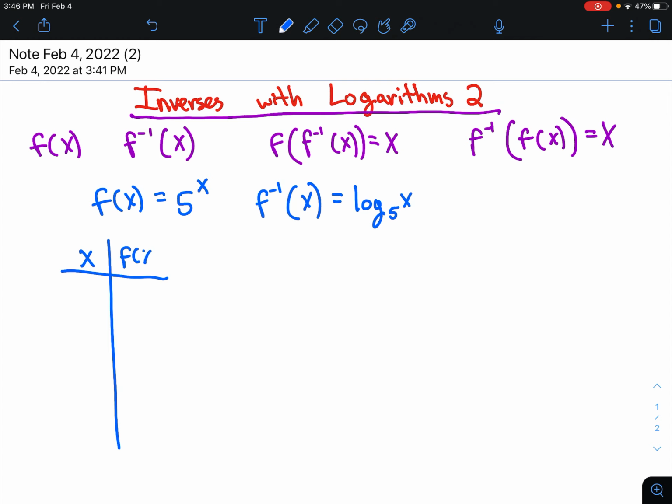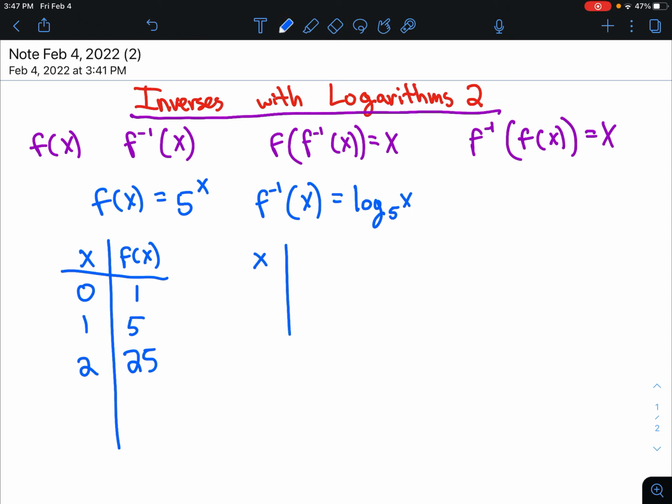So we can say x and f of x. We can check out 0, 1, and 2. Well, 5 to the 0 equals 1. 5 to the first power equals 5. And 5 squared is equal to 25. So we get our values for x and f of x for a few data points.